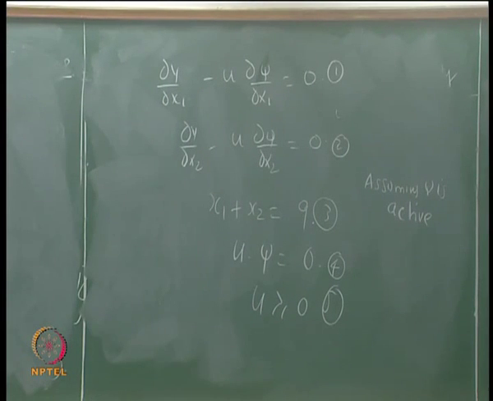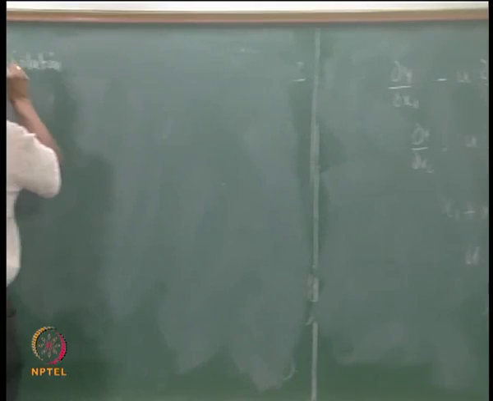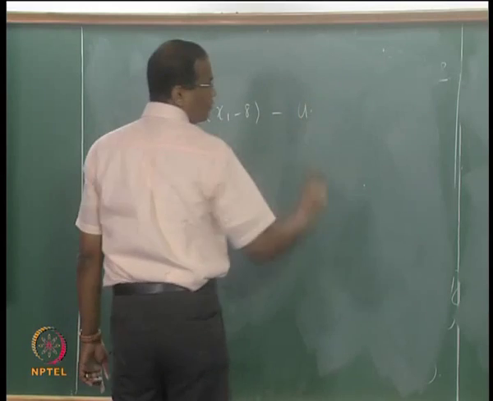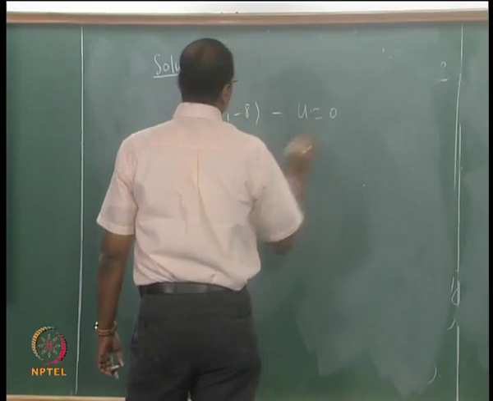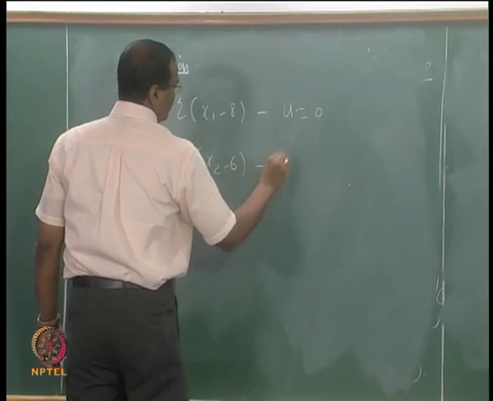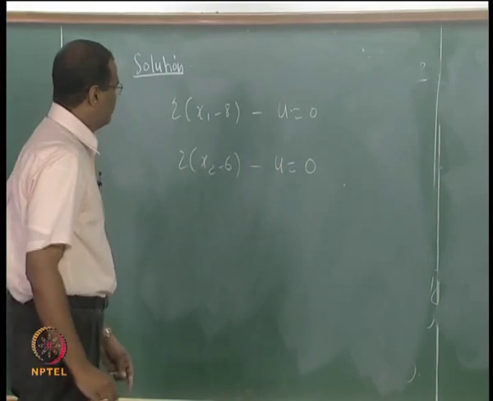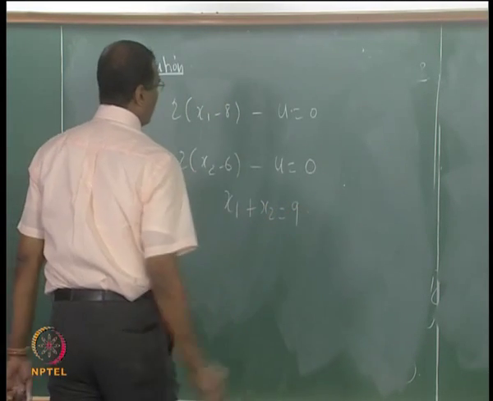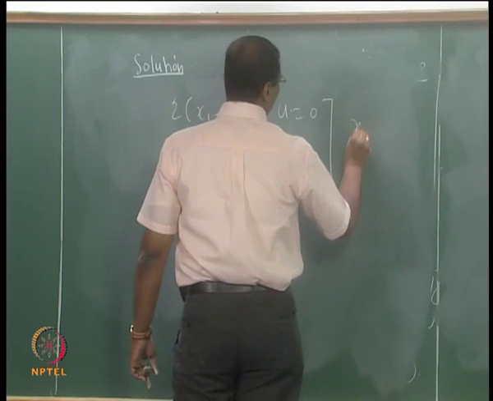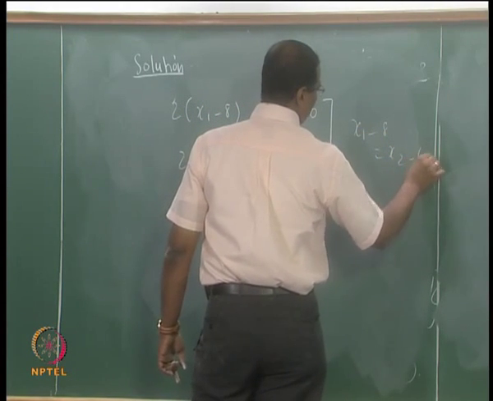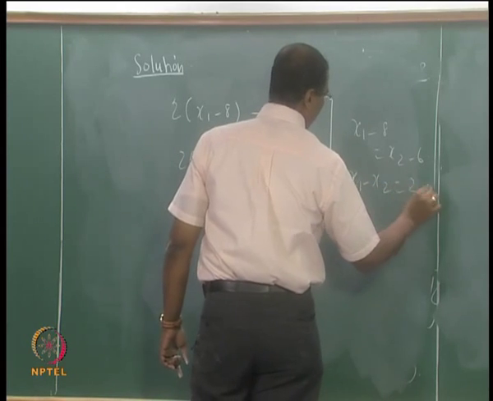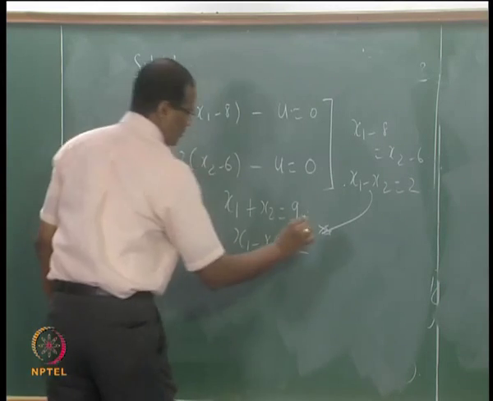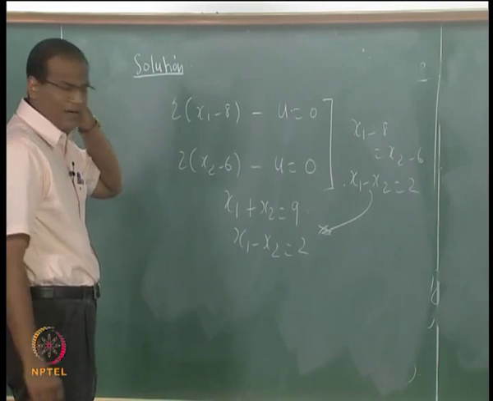Now, what is the solution? 2 x1 equals 0. Am I doing all right?